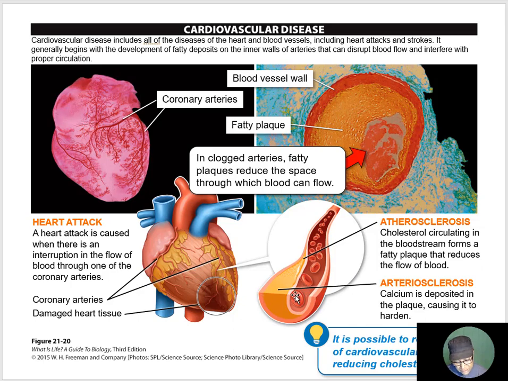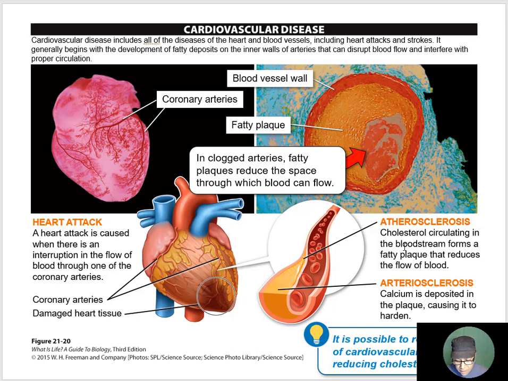Well, when it completely narrows down so that blood can't get to it, this region of the heart is going to die, right? Because it needs blood. It needs oxygen in order for its cells to do cellular respiration and metabolism and to survive. And so that is a heart attack, when the vessels of the heart, the coronary vessels, get blocked either by a clot, a blood clot, flying through and wedging in the coronary vessel, or this atherosclerosis happening, that is the slow closing off of the vasculature of the coronary vessels, forming these plaques, right?